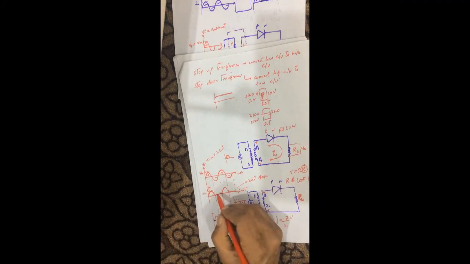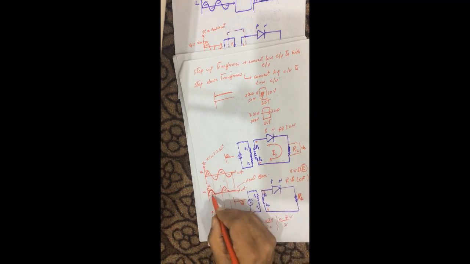It's unidirectional because we have all the positive cycles here, and current flows in this way. So it's a unidirectional current, but there is a variation in the output signal. So it means that this current is not a pure DC current.